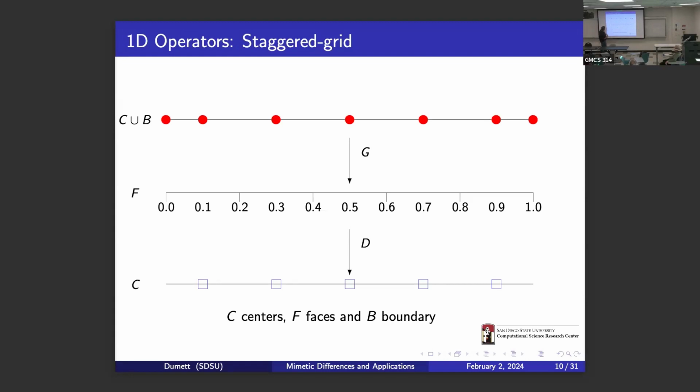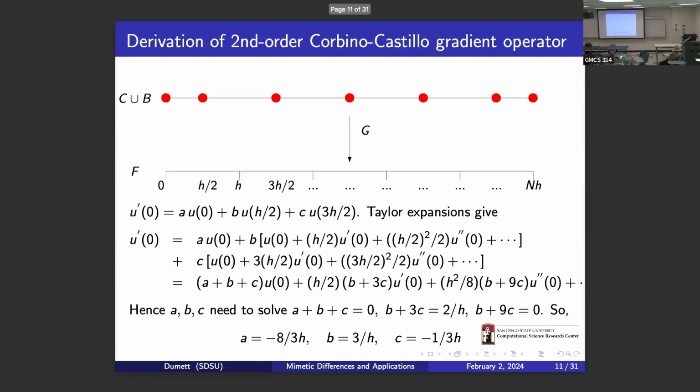And here I have the faces, 0, 0.2, 0.4. And so the gradient takes information from the centers and moves it to the nodes. And the divergence takes information from the nodes and moves it to the centers. Okay? So this is just a graphical representation of what is there.